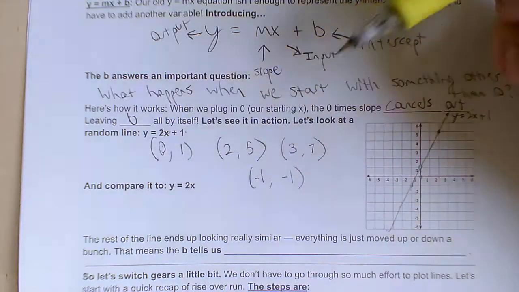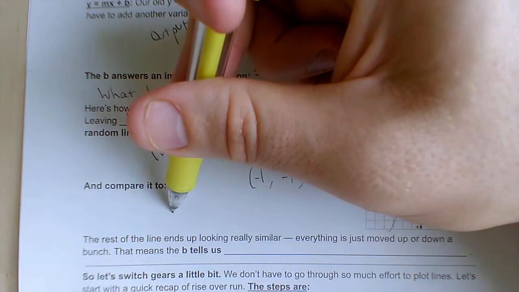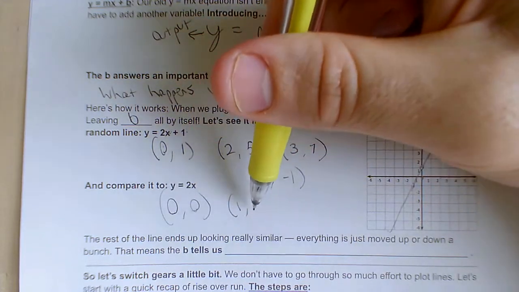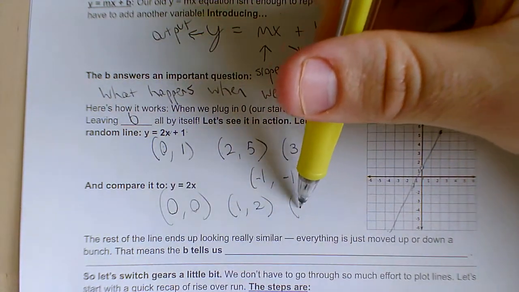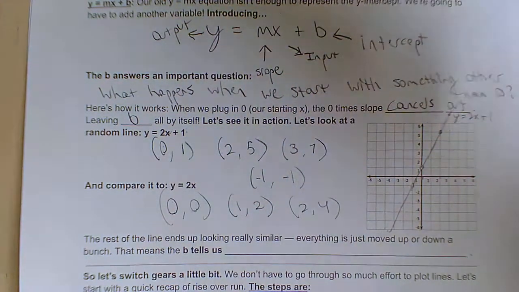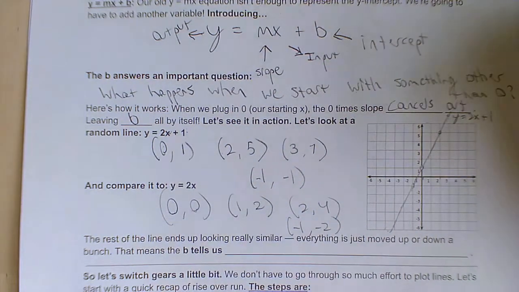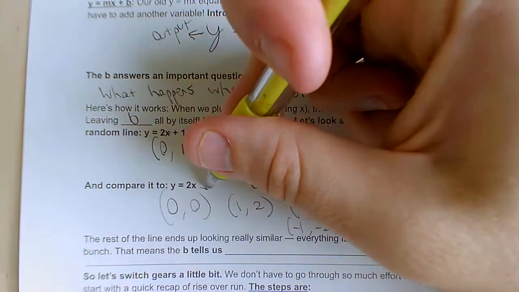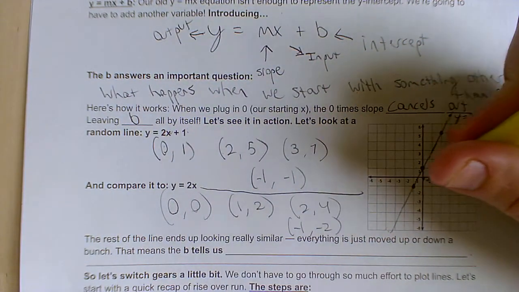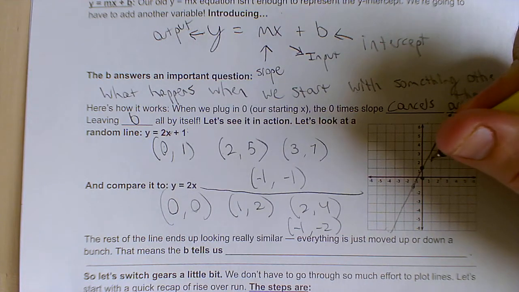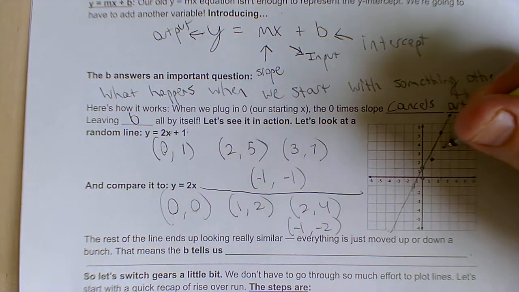We can compare that to y equals 2x, where we have 0, 0. Plug in 1, get out 2. Plug in 2, get out 4. Let's say plug in -1, we get out -2, and so on. When we compare these points, we have 0, 0, 1, 2, 2, 4.